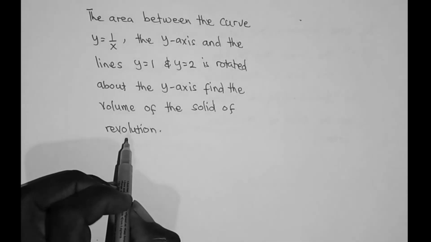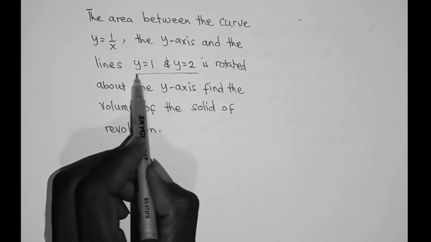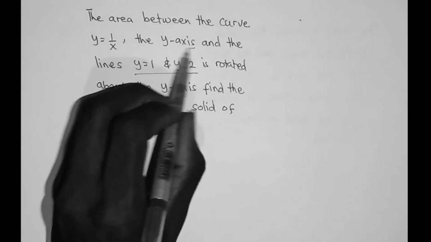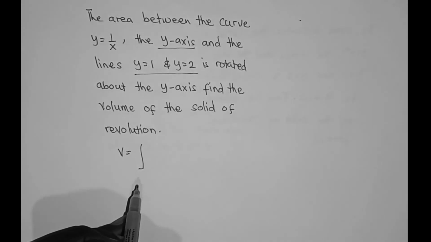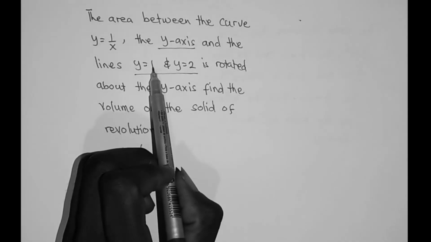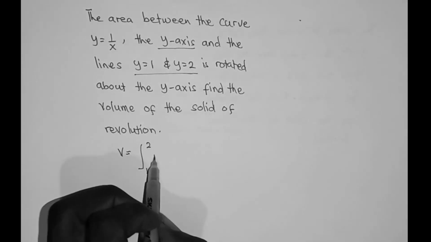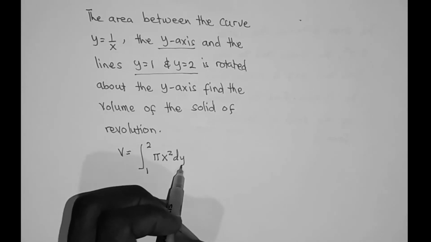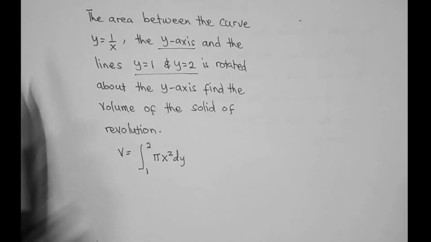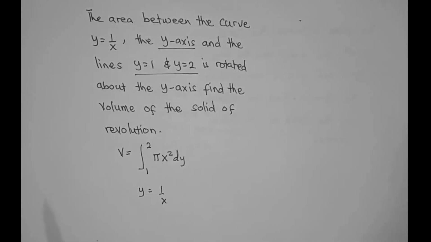Now, we know that the volume of the solid generated, V, since it is rotated about the y-axis, is given as the integral, with limits from 1 to 2, of pi x squared dy. This function was given in terms of y. The function was y equals 1 over x. So what we need to do here is to make x the subject.